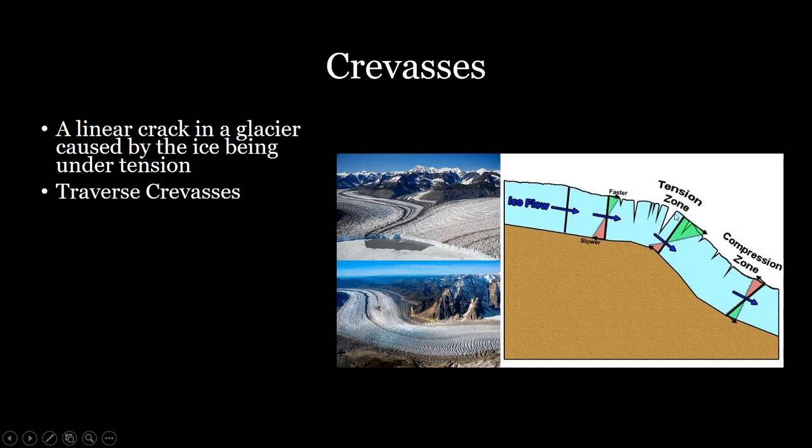And so whenever it's flowing over a region and increasing in slope, that will occur. And you can see some examples of tension fractures in here as the glacier flows over a bump of some kind.